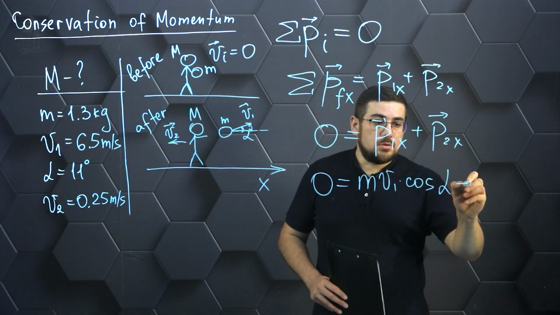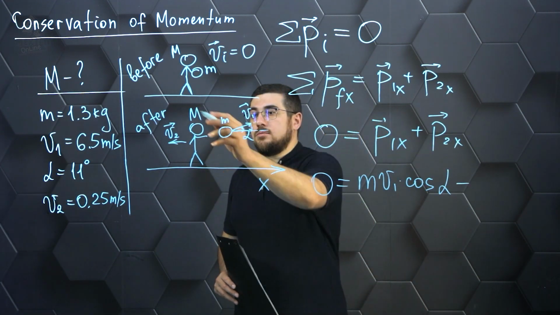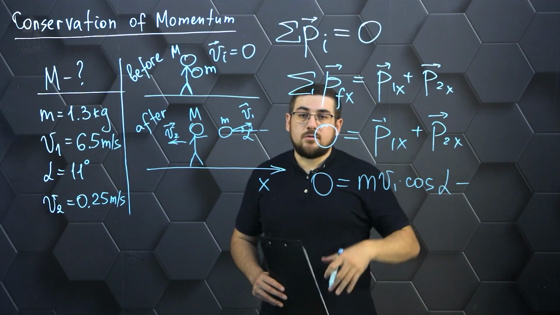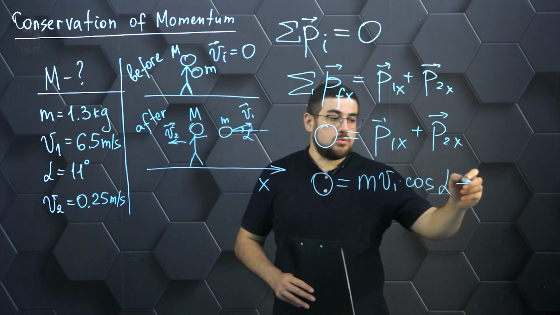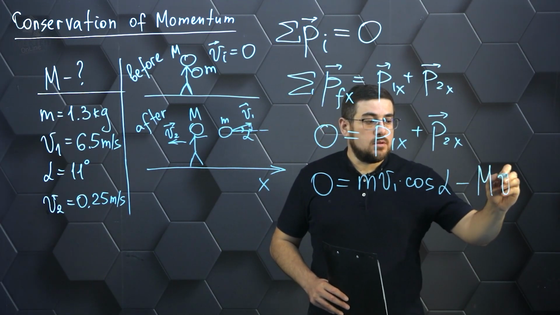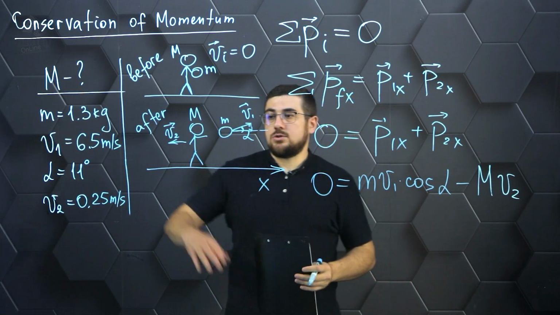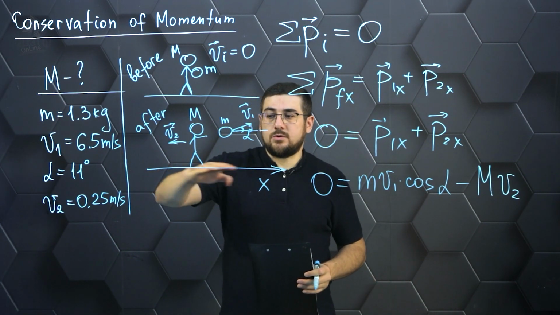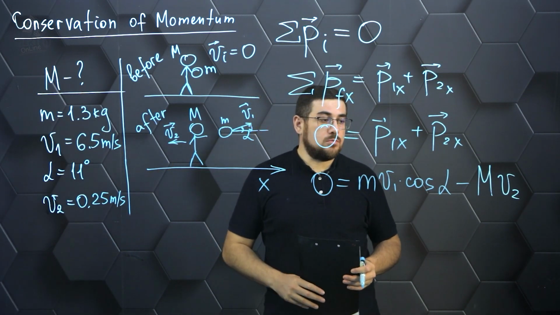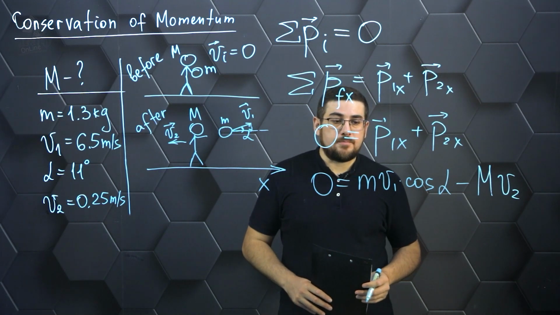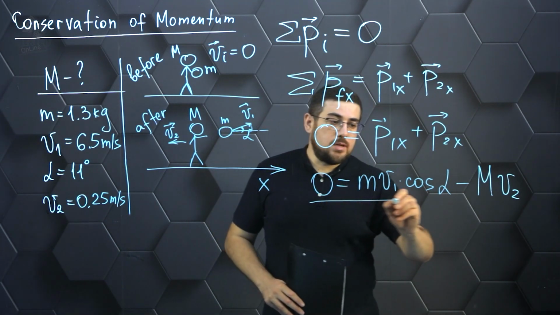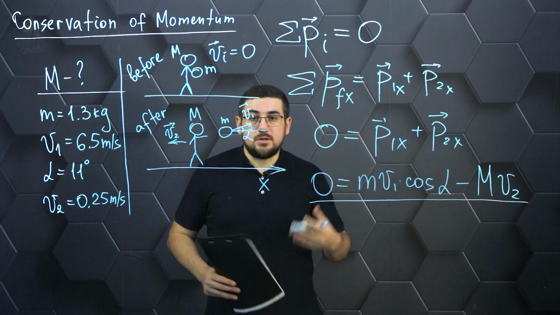For the hockey player, we see the velocity is directed in the opposite direction against the x-axis, so it acquires a negative sign. And here we've got the velocity all in the plane of the axis, so we just multiply by v2. In scalar form, the law of conservation of momentum will look like this.